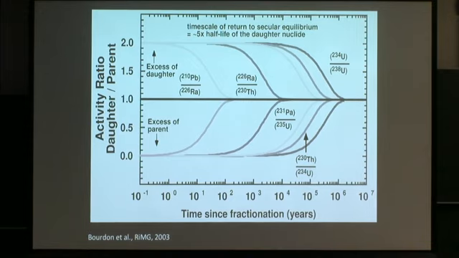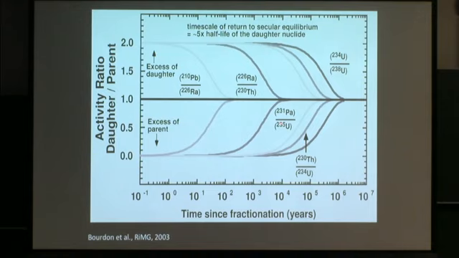So this is actually from Bernard Bourdon's review paper, and he's gone for 5 times the half-life. Dan argued more for 1 times the half-life return being the key one for estimating timescales. But what this shows us, on this log scale in years, is how we can use different systems to constrain different timescales.